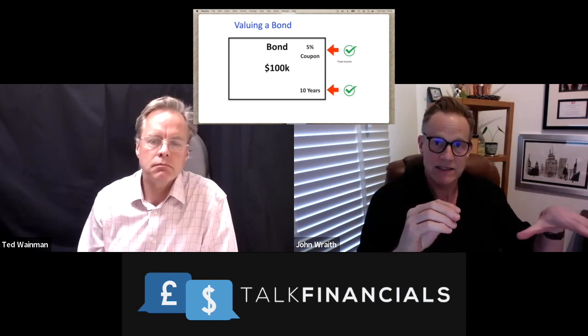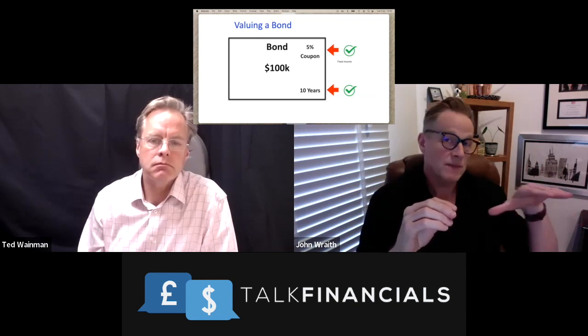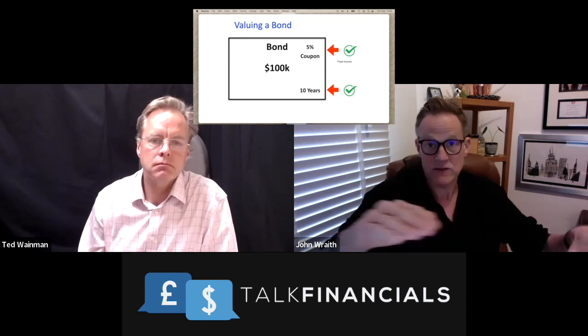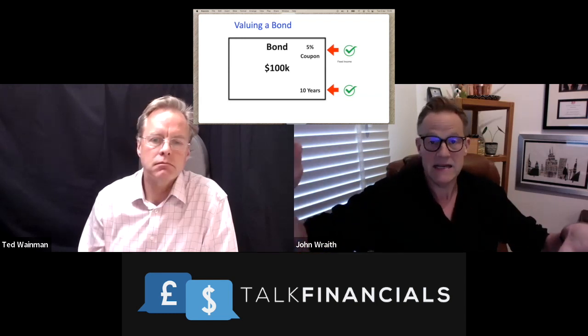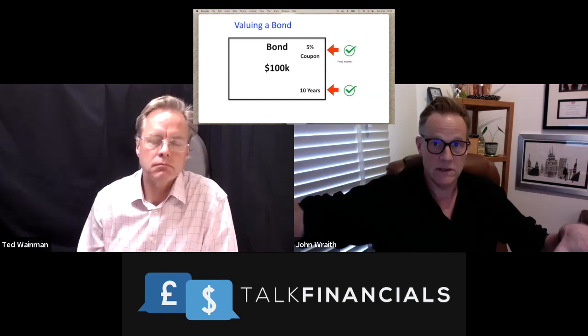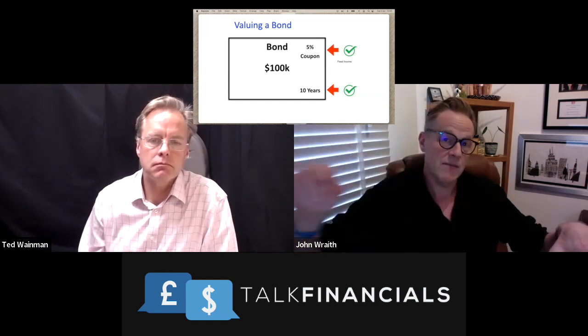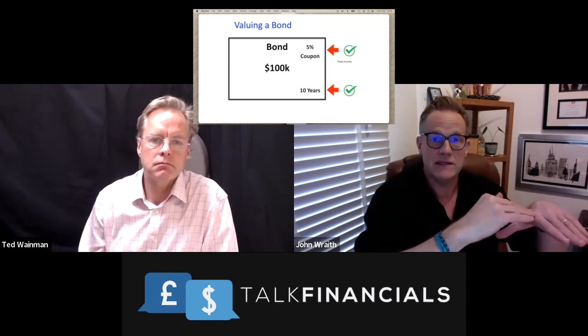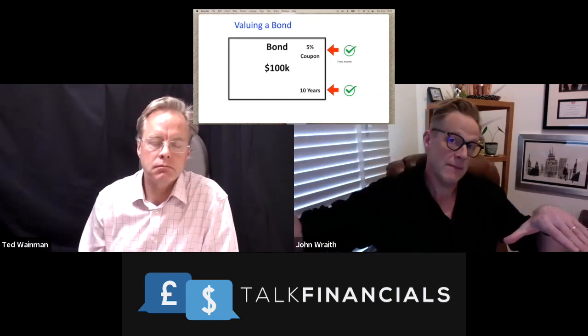But let's say it's $95,000. I spend $95,000 today. I then get $5,000 every year, and in 10 years' time, I get back $100,000. So I've made 5% every year, but I've also made the difference between the $95,000 I've paid today and the $100,000 I get back at the end.